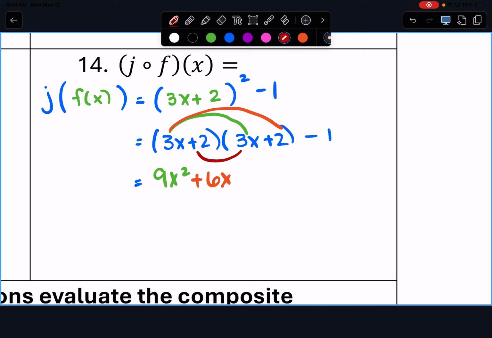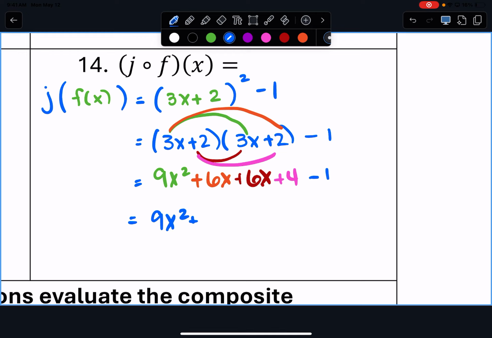We do 2 times 3x and get 6x. 2 times 2 is plus 4, and then we just minus 1. So our first term should be 9x squared, then plus 12x, then plus 3. There we go. That is our answer to that one.